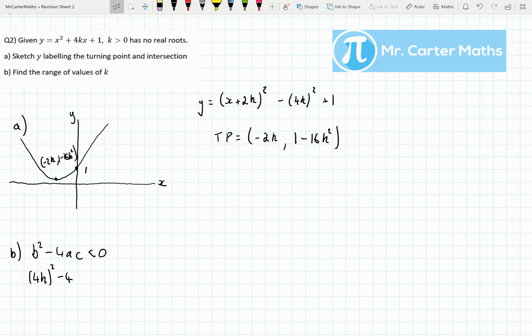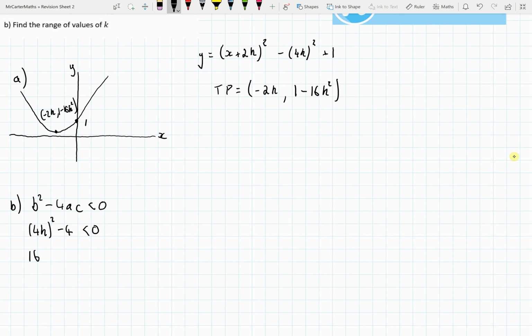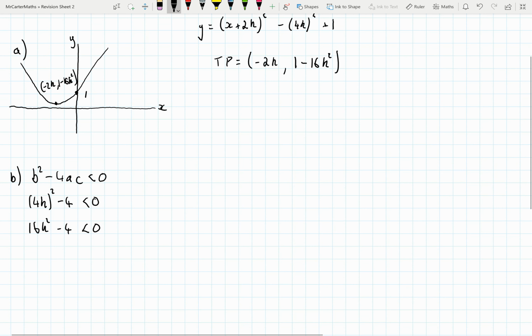A is 1, C is 1, so 4 times 1 times 1 is 4. So 16k squared minus 4 is less than 0, which leads me to 4k squared minus 1 is less than 0.